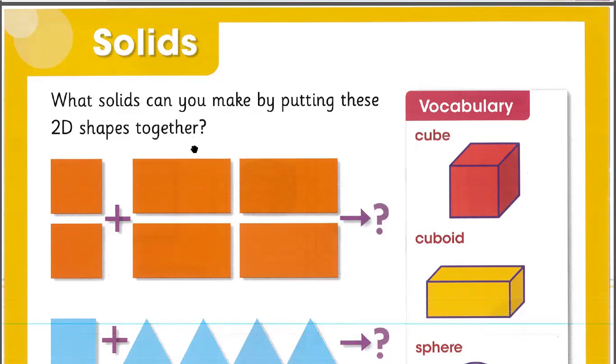Now we are going to mix 2D shapes to make solids, and these are called 3D shapes. 2D, as I explained earlier, means two-dimensional. 3D means three-dimensional, which has 3 dimensions. 1, 2, and 3.